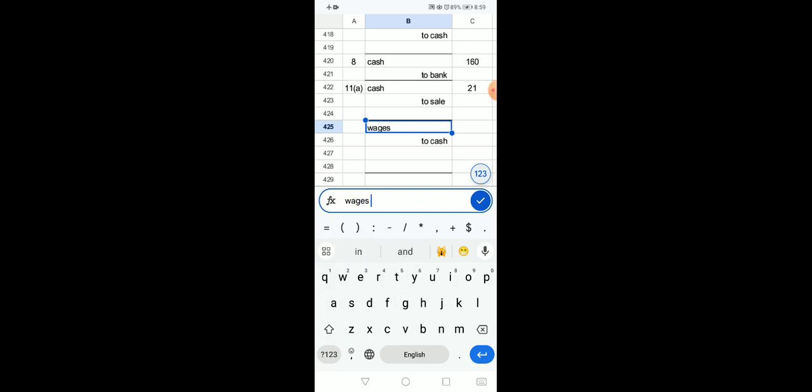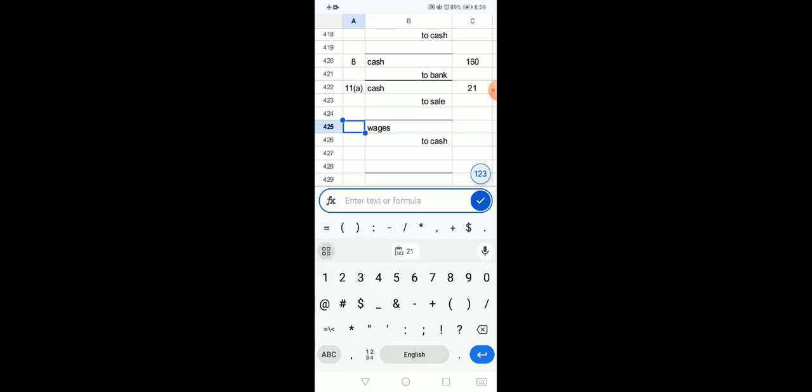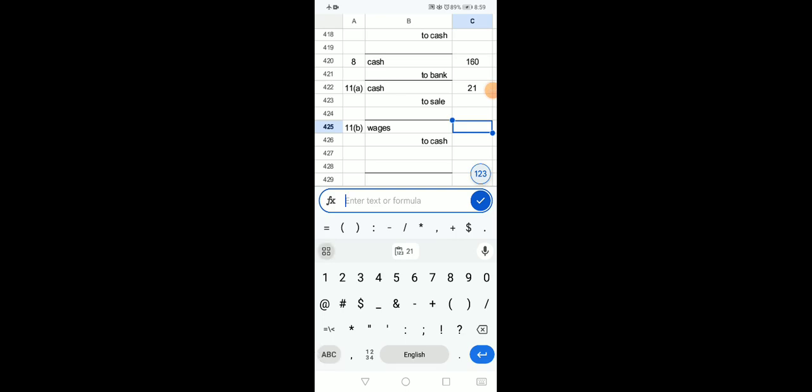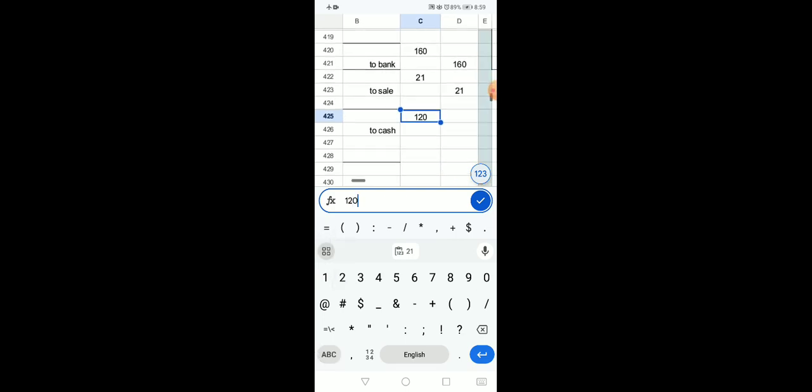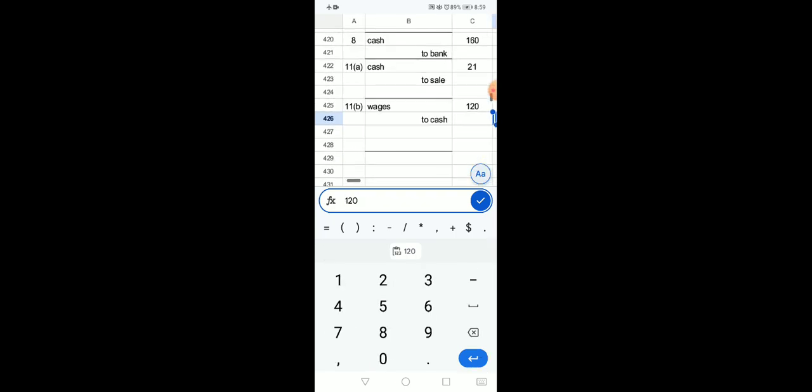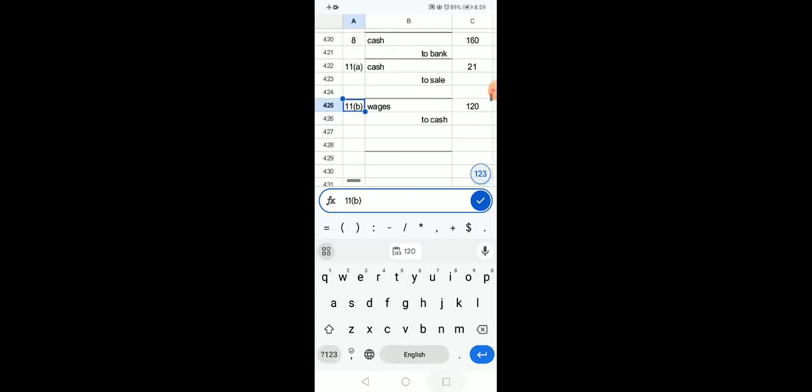So you will name wages on the debit side. This is your 11B entry. Now how much amount paid in terms of wages? The amount is 120. So you are supposed to write 120 on the debit side, and the same amount you will post on the credit side. This way 11B is completed.